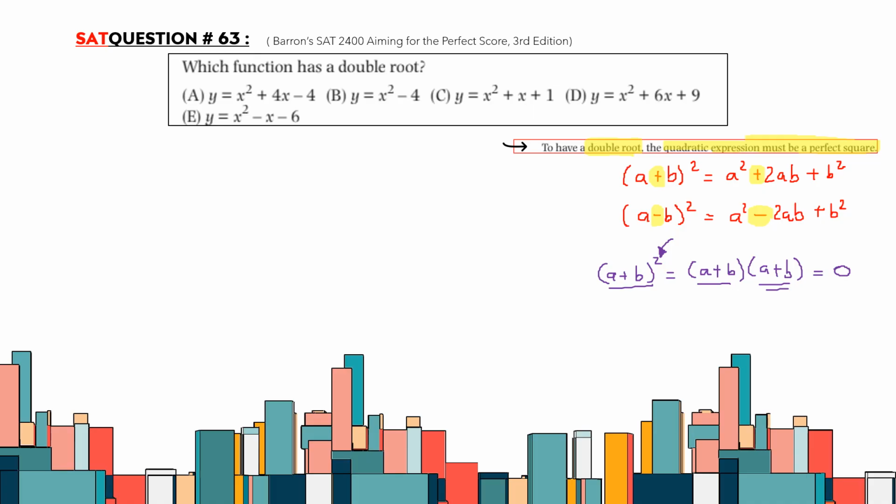Based on the zero factor theorem, a times b equals 0 means a equals 0 or b equals 0. The first factor is a, the second factor is b, but in this case they are equal. So that's why we say double: we have the same root twice. So we have a plus b equals 0.